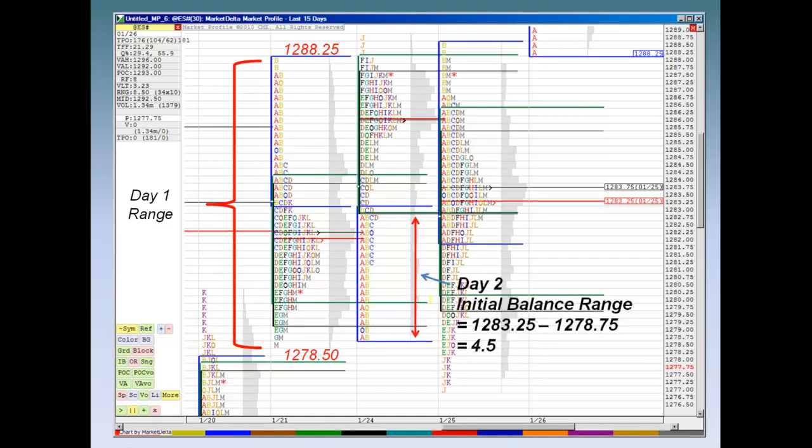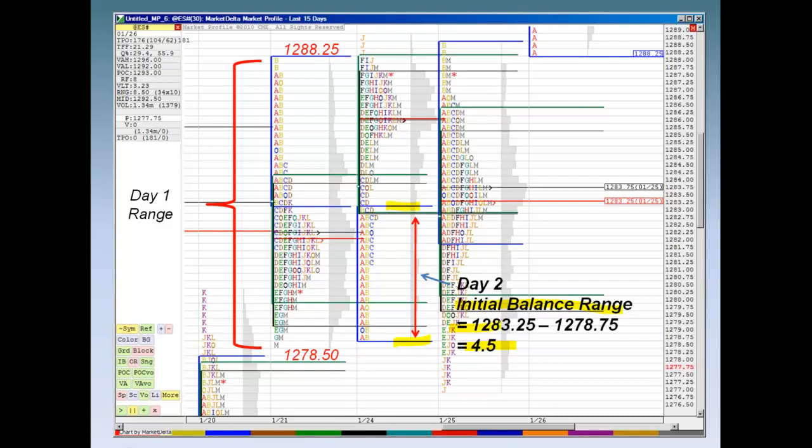All right. Now, let's take a look at the initial balance range for day 2. Initial balance is typically period A and period B, so that's the first hour of trading. How much of a movement did we see in that range? 4.5. The way that I got that, this was the high, and this is the low.